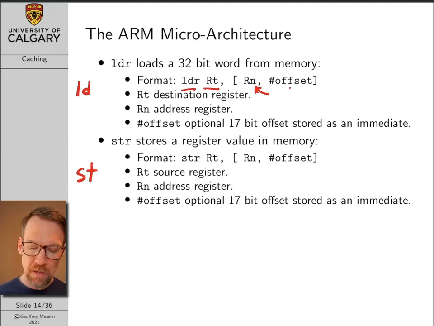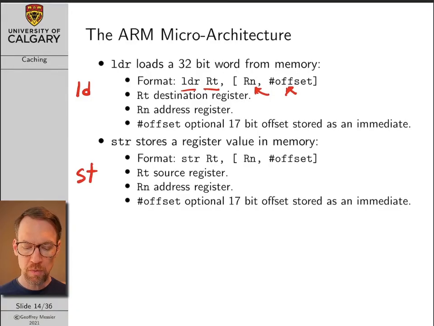But in addition, something that's a little bit new is ARM assembly also allows us to specify an offset that's encoded as an immediate inside the machine language instruction itself. The size of the offset varies depending on the type of assembly language and architecture, but for ARM we're going to assume a 17-bit offset that is stored, again, in the command as an immediate.